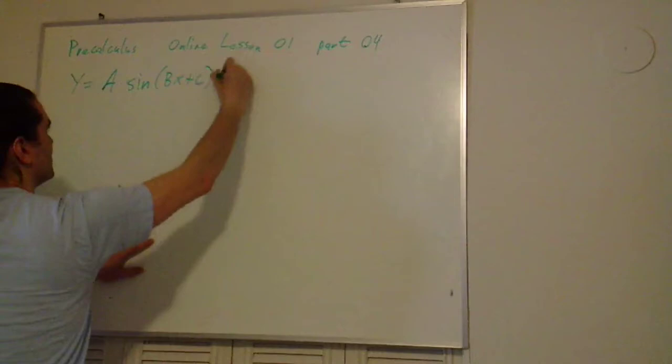And I will start with the midline. Midline is 3. There's the line y equals 3. Amplitude is 1. So I'll go up to 4, down to 2. The phase shift is pi over 2. So that'll happen right here. This is my start on the x-axis. The period is 4 pi.